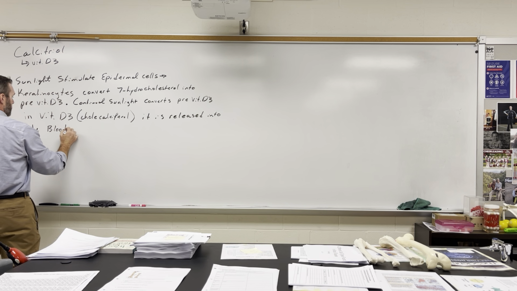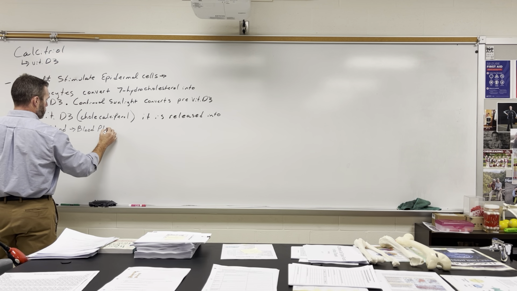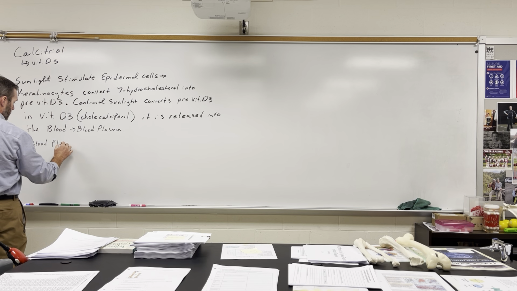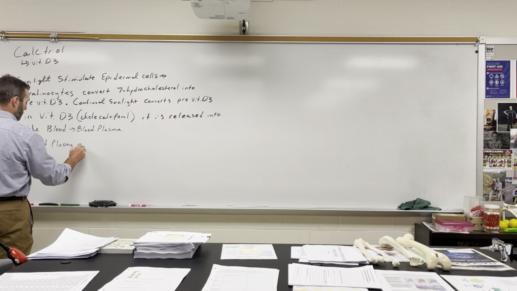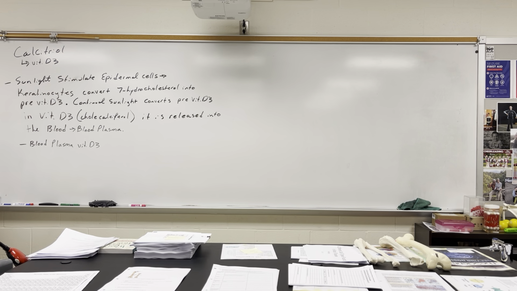So now we have this in the blood plasma. So it's in our general circulation. Okay. When vitamin D3 hits the blood and gets into our general circulation, so we'll say blood plasma, vitamin D3, it will circulate throughout the body.